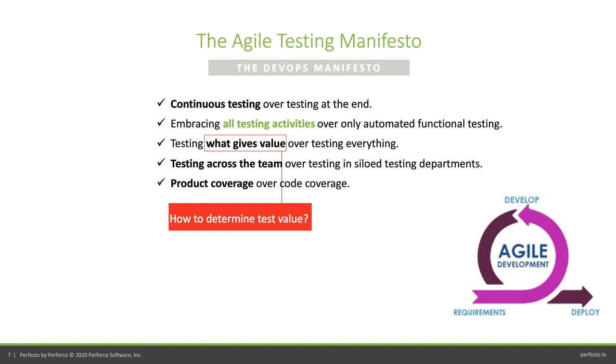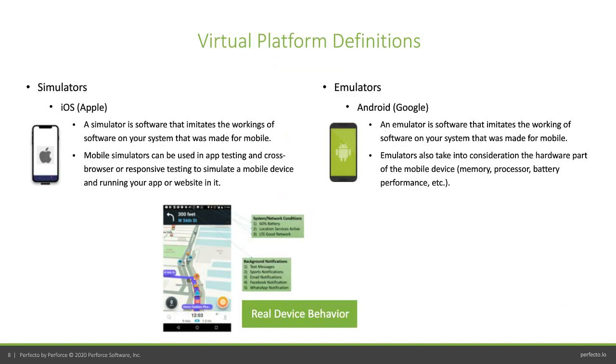So with that introduction of some of the market landscape from a mobile testing perspective and the definition of coverage, let's define, Tzvika, what are virtual platforms, to get started with.